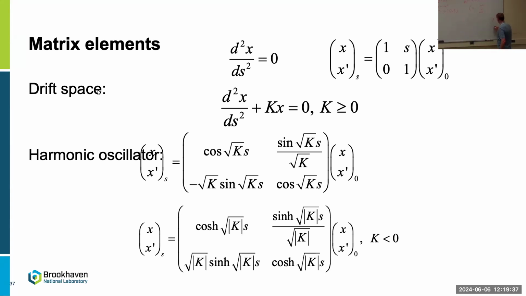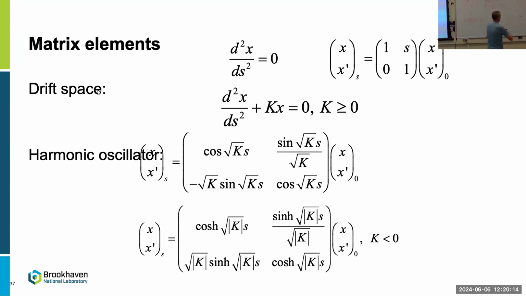So I start from right to left. Remember, we start with the initial conditions. Then if my first element in the machine is a drift, I multiply by a matrix that corresponds to a drift, which we call L1. Followed by a focusing quadrupole, that would have some cosine here. Then there is another drift, then another quadrupole that's now defocusing, and so on.